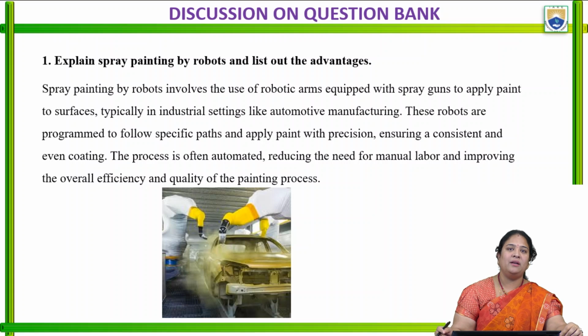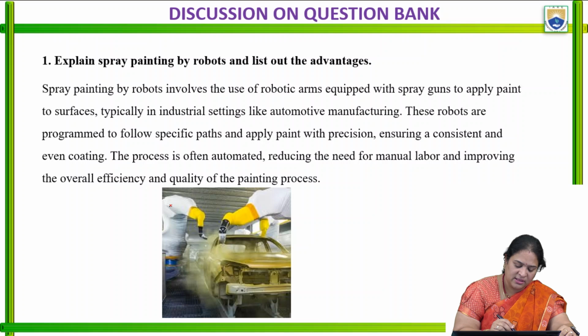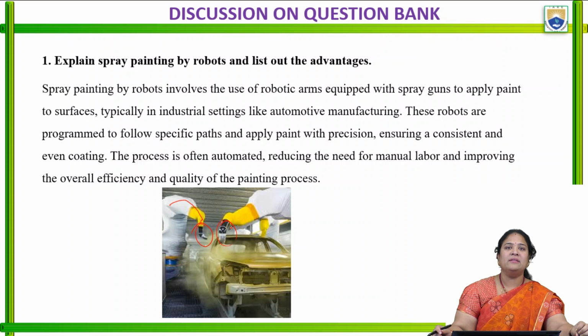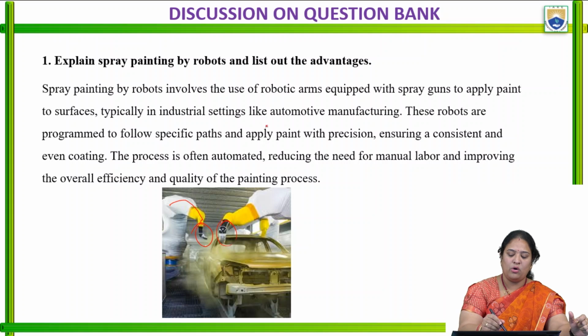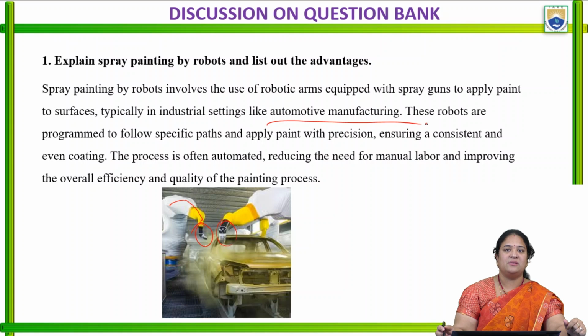Spray painting done by a robot involves the use of robot arms equipped with a spray gun. Here we can see the arm of the robot equipped with the spray gun, spraying the required amount at the required destination, generally in an automotive manufacturing system.